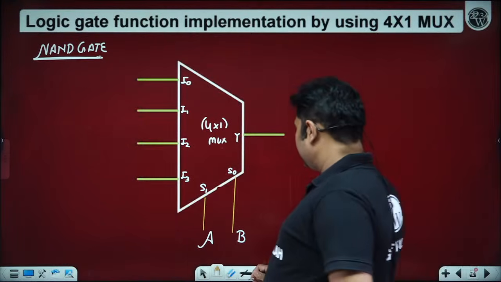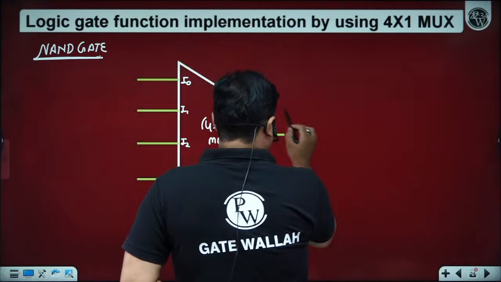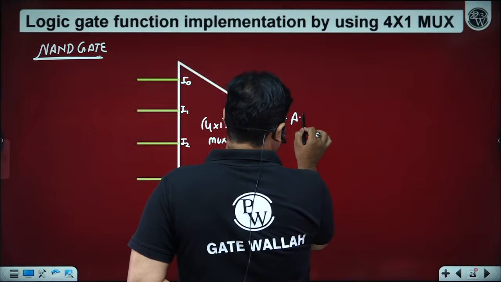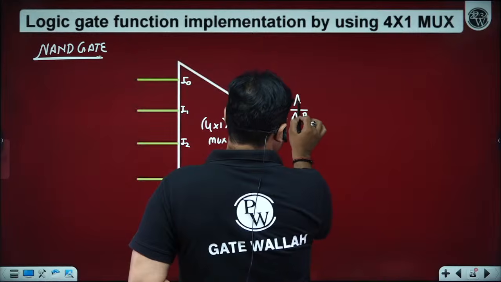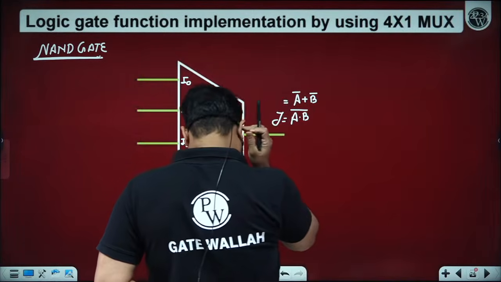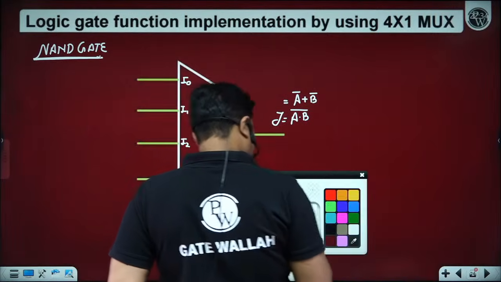Now please observe. We want the output function Y is equal to A dot B whole complement, which can be indicated as A complement plus B complement. Is it okay? Yes, sir.